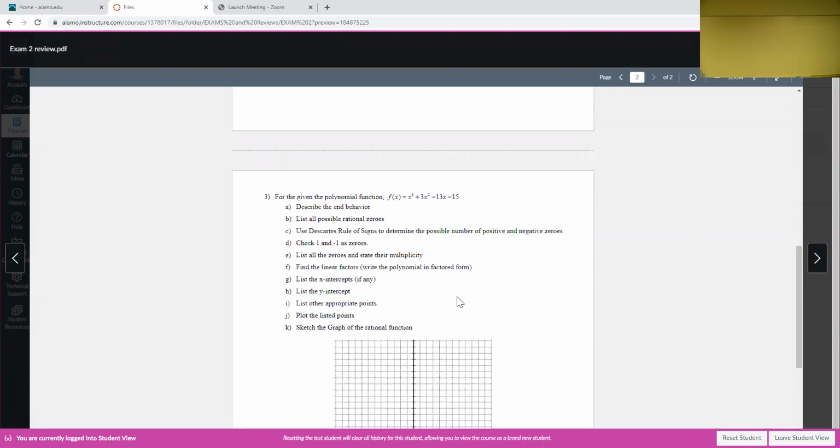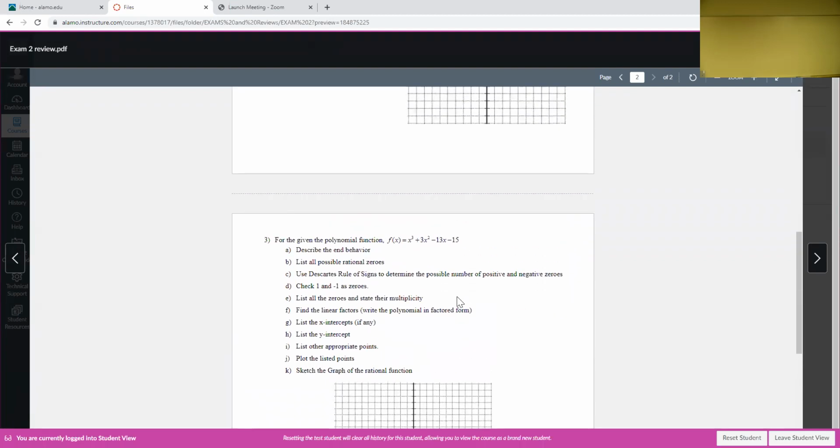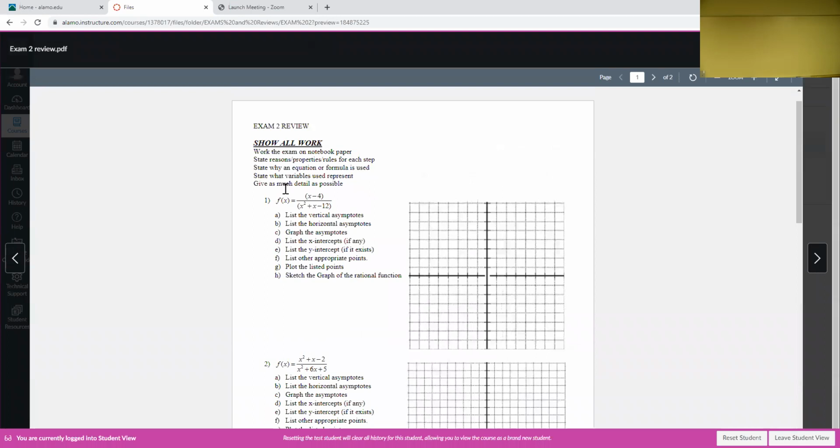So there is work involved. Write down the work. You have to show all the work. Does it say up here? Show all work. Work the exam. This is an exam review, but it was one of the exams I used. Okay. So work the exam on notebook paper.